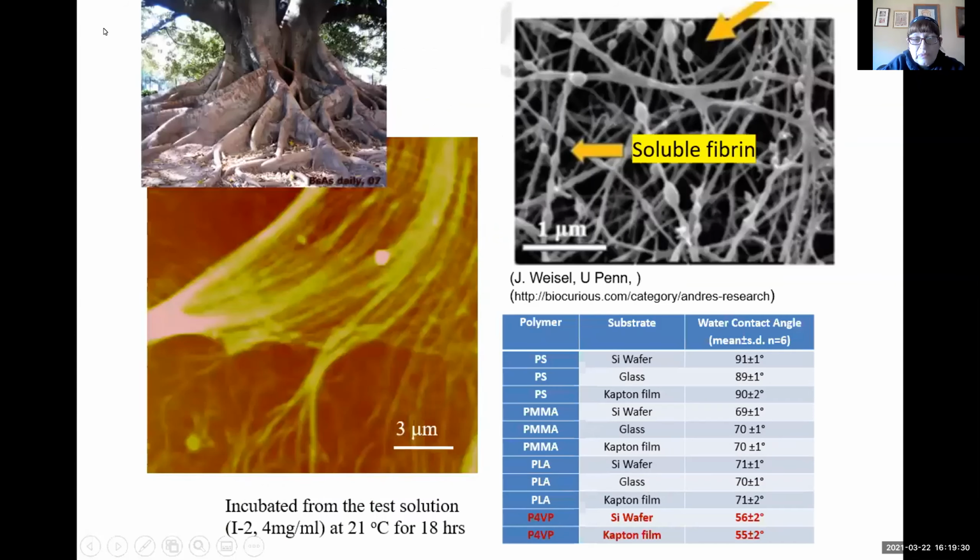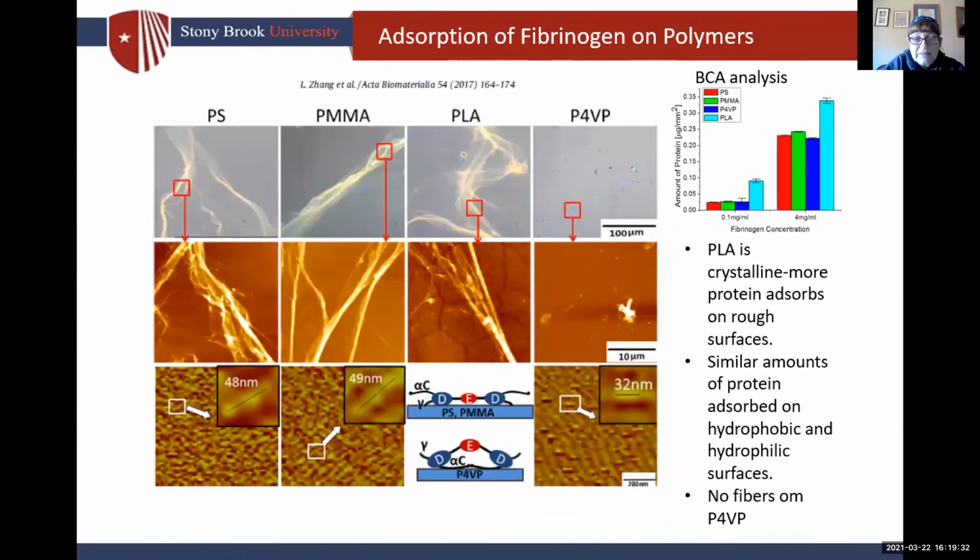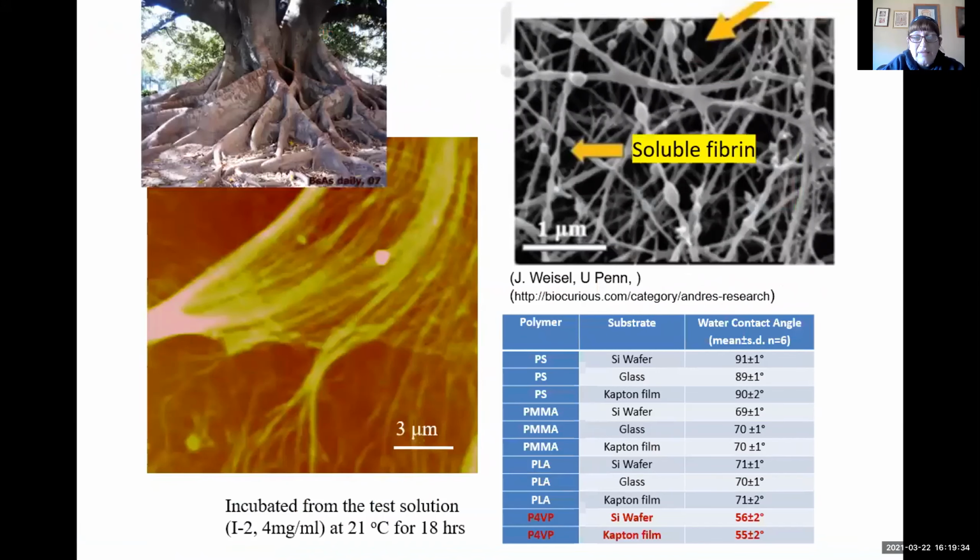People who had electrophoresis, people who underwent dialysis, they all have a lot of soluble fibrin. And this is a SEM image of a blood clot from the Wiesel lab at UPenn, where you can actually see the soluble fibrin that sort of absorbed as blobs onto the other fibrin fibers.